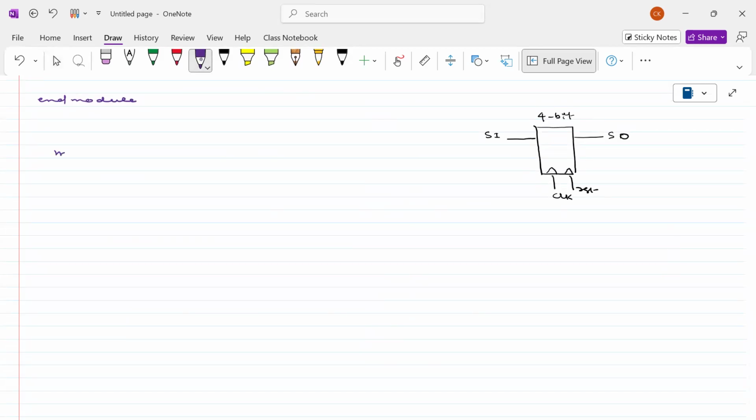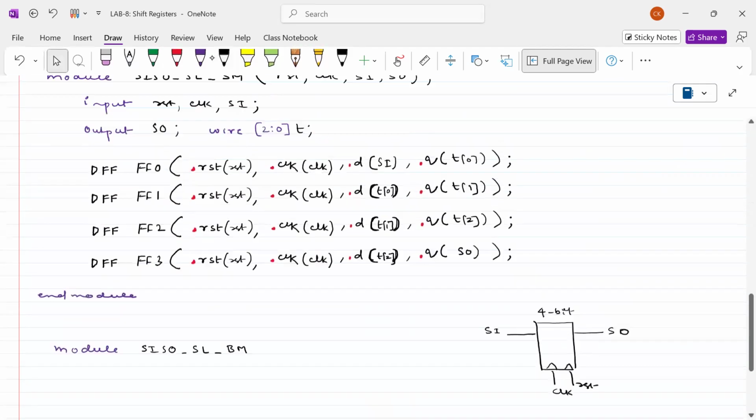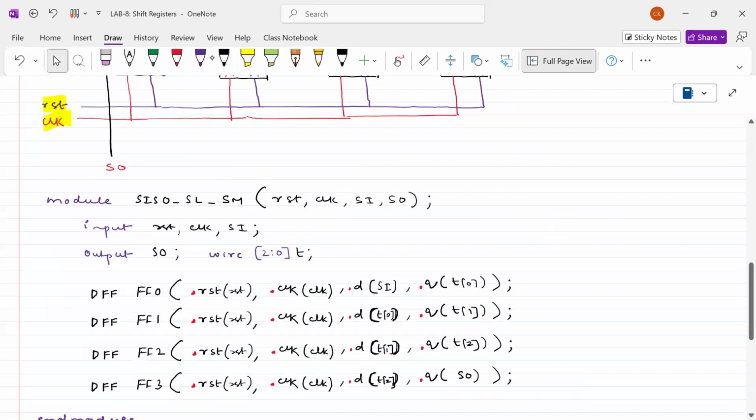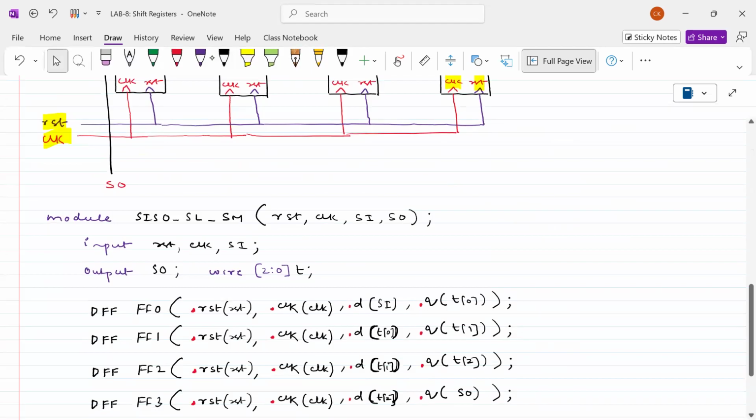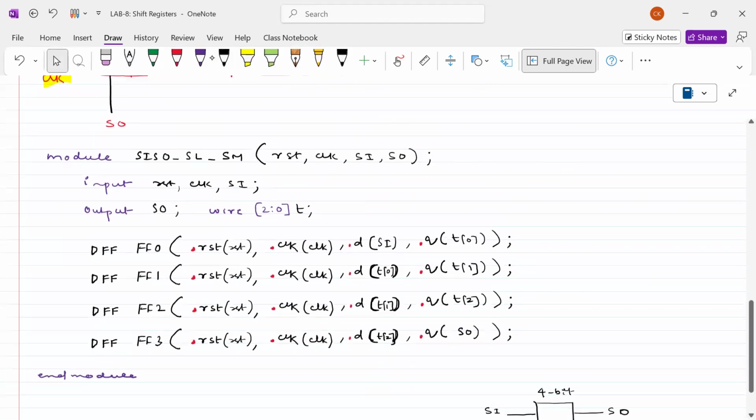The module, serial in, serial out, shift left operator underscore the behavioral modeling. I think somewhere you have to write it as a 4-bit. Okay, so 4-bit is better. Any question? Okay.